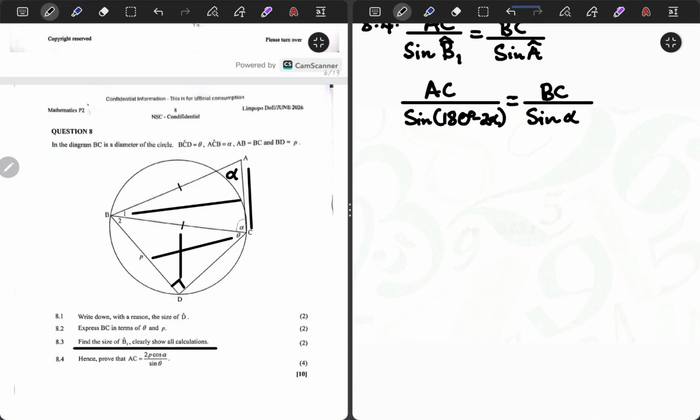So from here, let's cross multiply. We're going to have AC equals BC times sine 2 alpha over sine alpha.